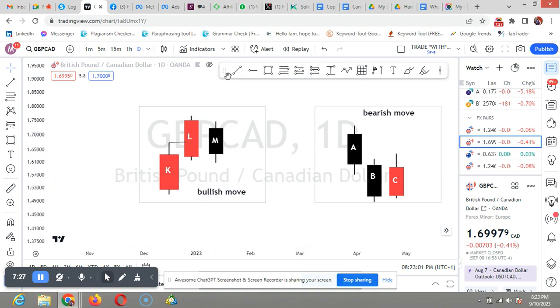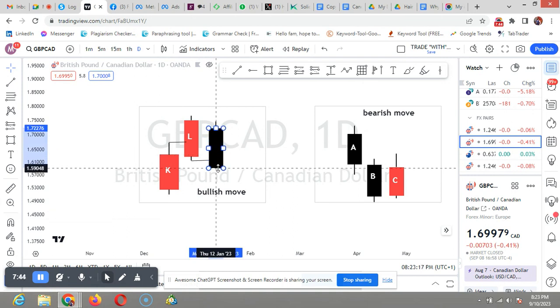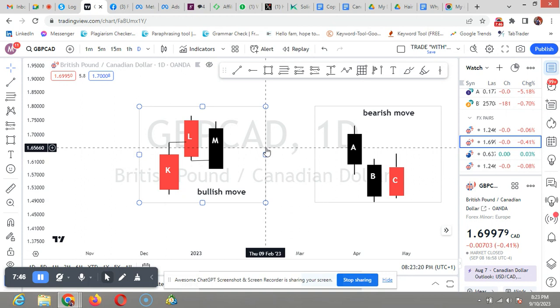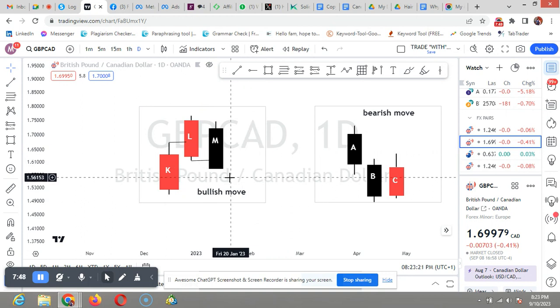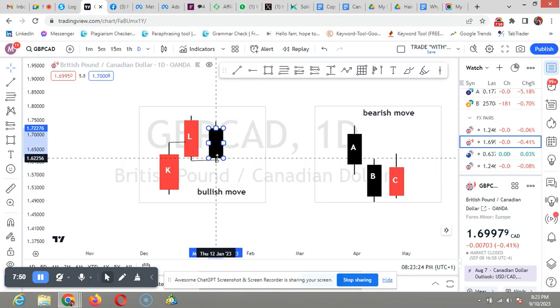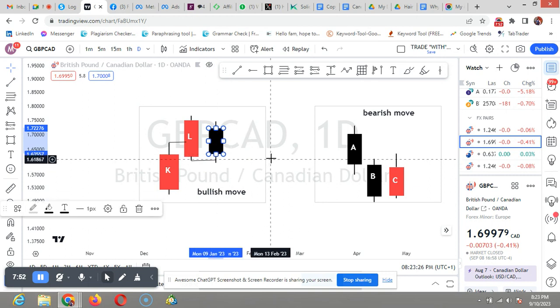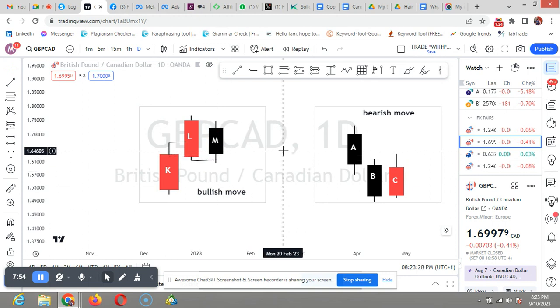You can see that this M candle has swept this L candle with just a wick. You can see it there at the bottom here. So that's a wick. Had this M candle actually come down with a body, then it's not valid anymore. However, it is just a wick, so it is a valid sweep.